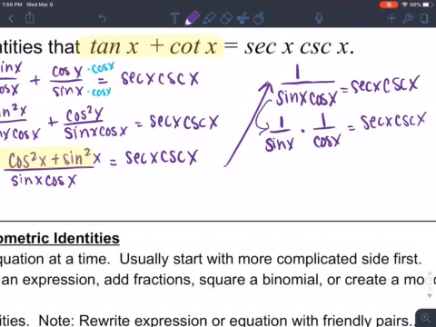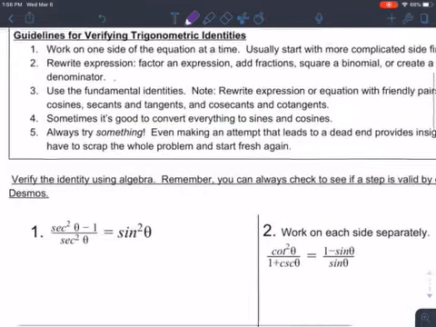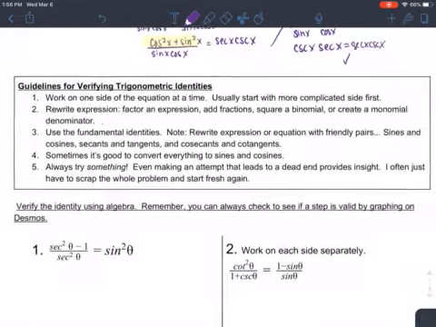Okay. So, what's 1 over sine? Well, that's cosecant x. And what is 1 over cosine? Well, that is secant x. And that equals secant x cosecant x. All right, and so we're verified. Done.